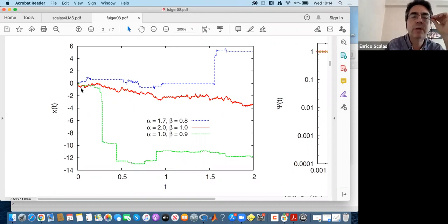The Brownian limit is the red curve here, where the parameters are in the case in which you have normally distributed jumps and exponentially distributed waiting times.